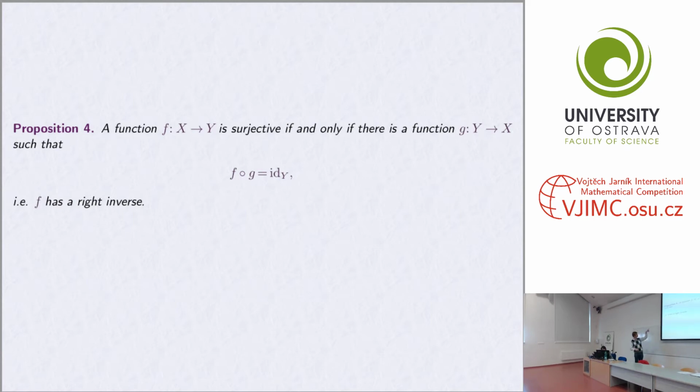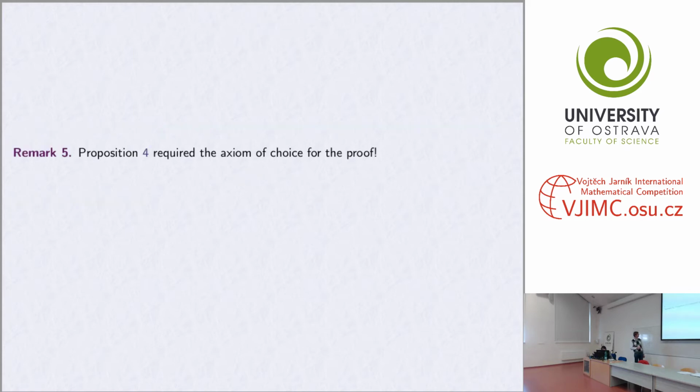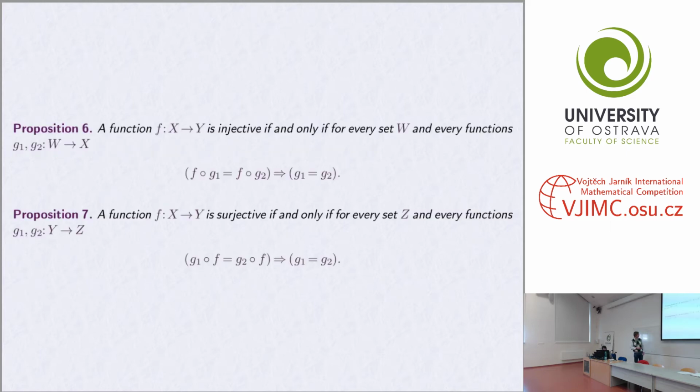So maybe it's enough to define functions which are supposed to be the generalized injective functions, as such, for which some sort of cancellation property holds, instead of having these inverse elements. And I already mentioned that we are using the axiom of choice, and the idea is the following one.